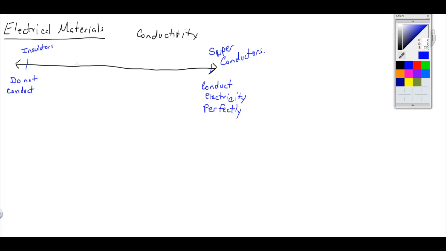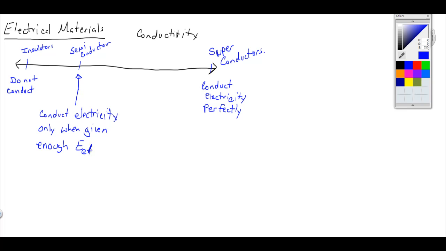In the middle here, we have semiconductors. Towards the insulator side, we have semiconductors, and these conduct electricity only when given enough electric potential.